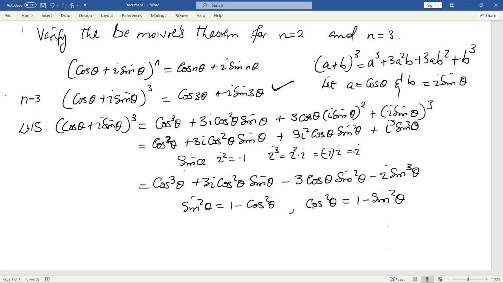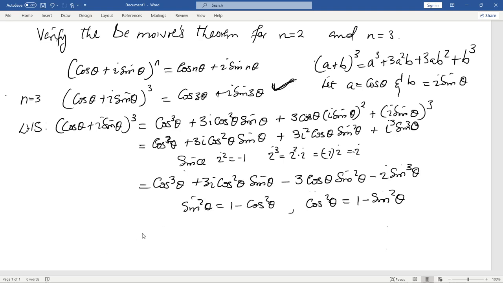So in the real part, we change the sine function into a cosine function by replacing it with this identity. Then for the imaginary part, we replace the cosine function with a sine function so that it matches what we need on the right hand side.